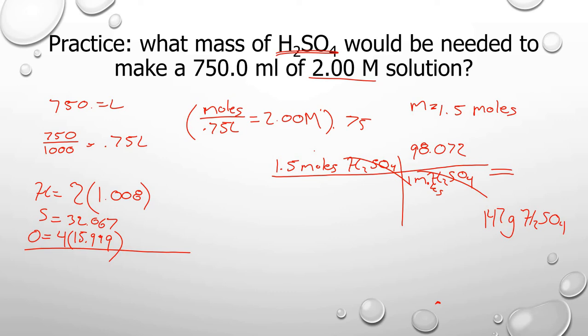Good. Any questions for him before he sits down? Yes? Where did you get 1.5 moles? These two. 3 times this, that made that. So 0.2 times 0.75. Oh. And then this answer right here came from that. Okay, thank you.